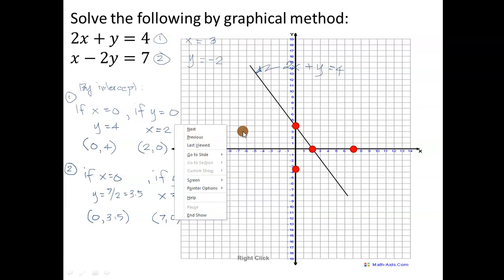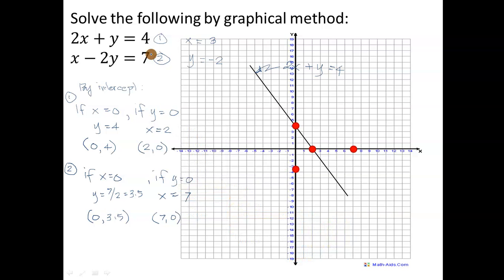Why? Because if x is equal to 0, you will transpose or cross multiply negative 2 to the right side of the equation. That will be y equals negative 7 over 2. So this should be negative 7 and this should be negative 3.5.